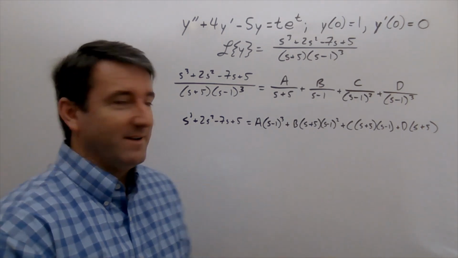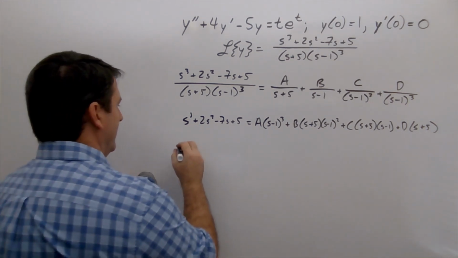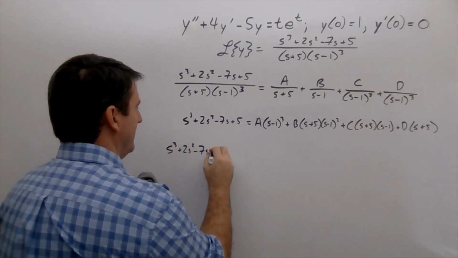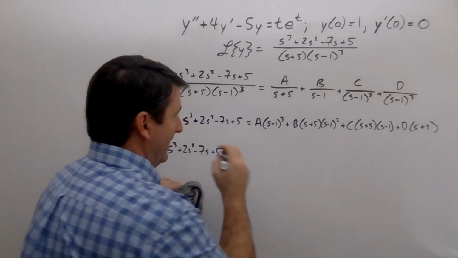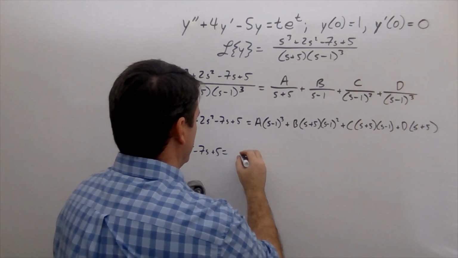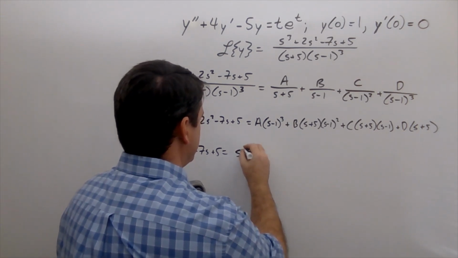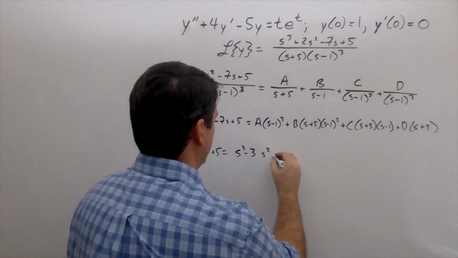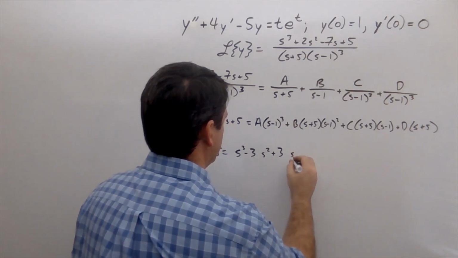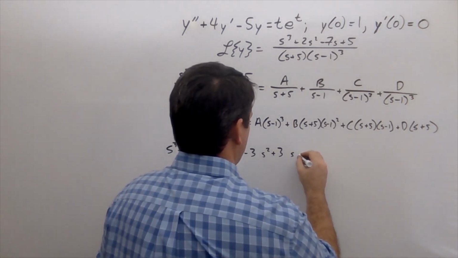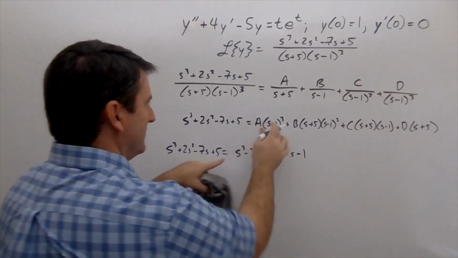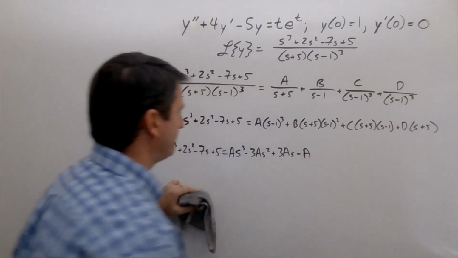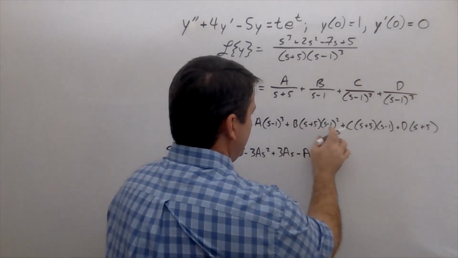Now we get to expand all of that. So we get s cubed plus 2s squared minus 7s plus 5 is equal to, (s minus 1) cubed is going to be s cubed minus 3s squared plus 3s minus 1, and then multiplied by A. So we're going to put an A there, and an A there, and an A there, and an A there. Plus B times all of this.